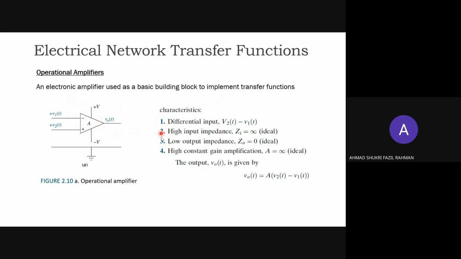So there are 4 characteristics that you can see here from an op-amp. The differential output is V2 minus V1 in time domain. And then the input impedance Z1 here is high, equal to infinity, too high or infinite value.